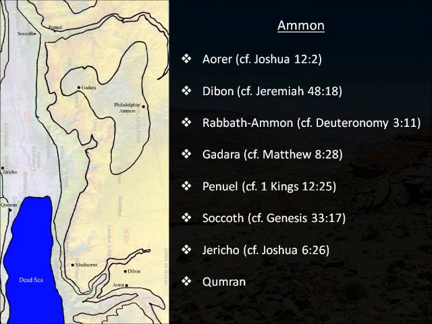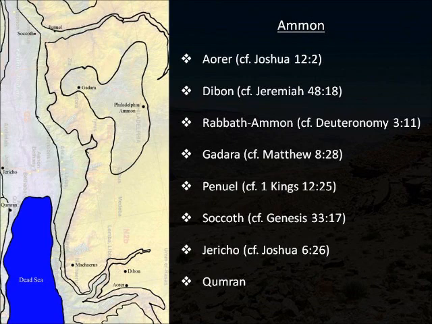And Penuel is a place where one of Israel's northern kings built it up as a fortress during the middle of his reign. Now, in the large highland area, we have two cities of the Decapolis. This is Gadara and Philadelphia. As you notice, Philadelphia has a second name, Rabbath Ammon, and we see that as early as Deuteronomy 3:11. This is the capital city of the land of Ammon, and even today it is Jordan's national capital, so it's always been a prominent city.